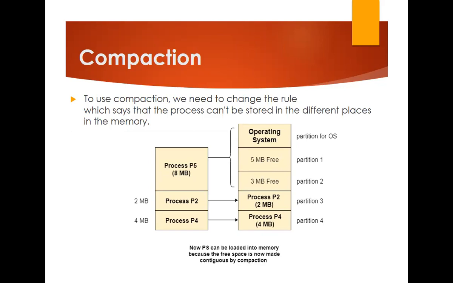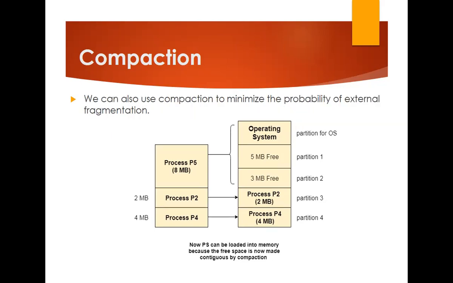So what it is saying is, we can save the process into different places. Let's check what it is doing. We can also use compaction to minimize the probability of external fragmentation.